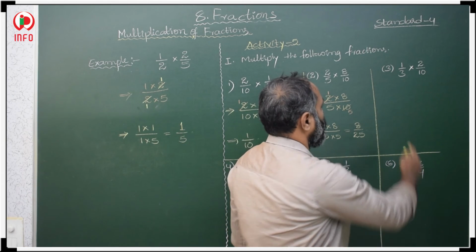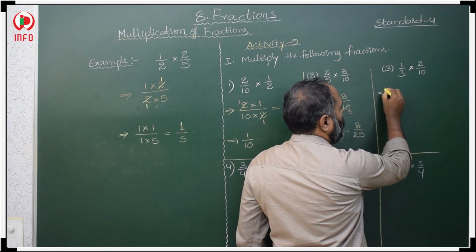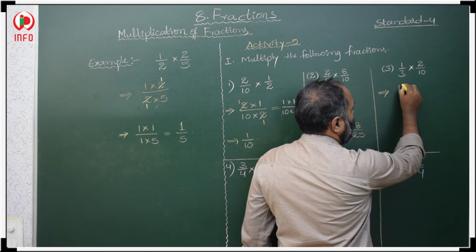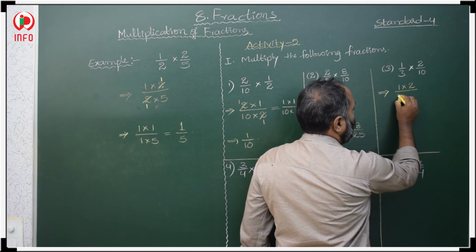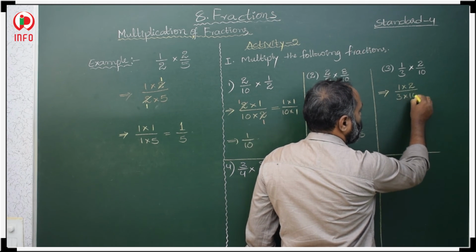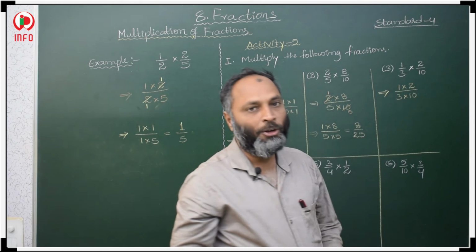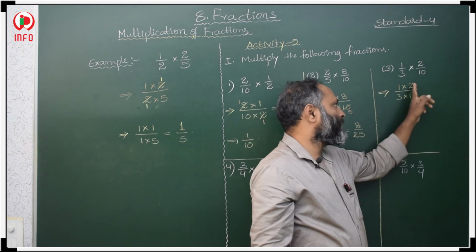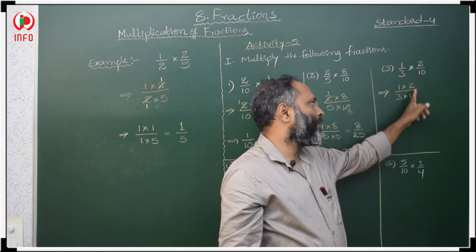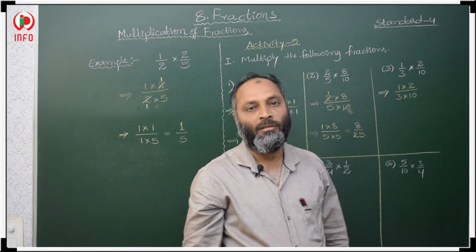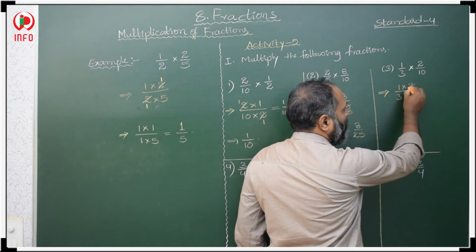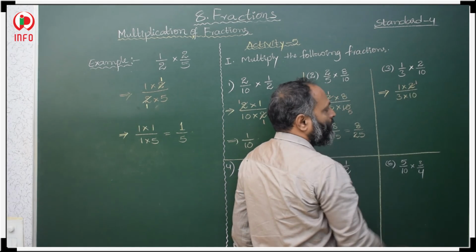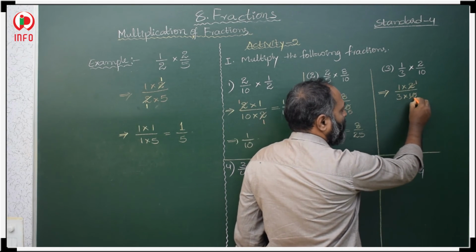Then here numerator with numerator we have to multiply, 1 into 2 by 3 into 10. We have to check numerators and denominators. In the numerator 2 and in the denominator 10, these two have common factor 2, so we divide by 2. 2 ones are 2, 2 fives are 10.